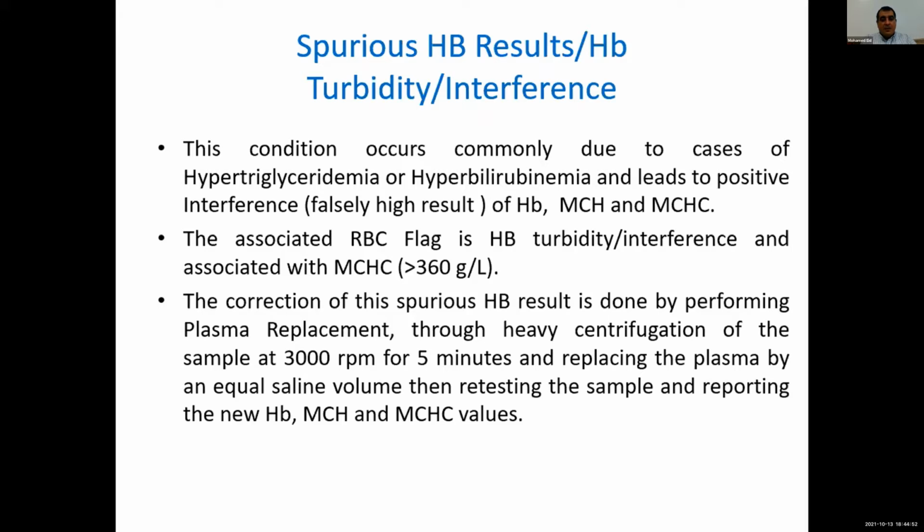This condition, as I mentioned, will be associated with a specific RBC flag in the CBC analyzer, hemoglobin turbidity or interference, and the MCHC in this condition will be more than 360 gram per liter.